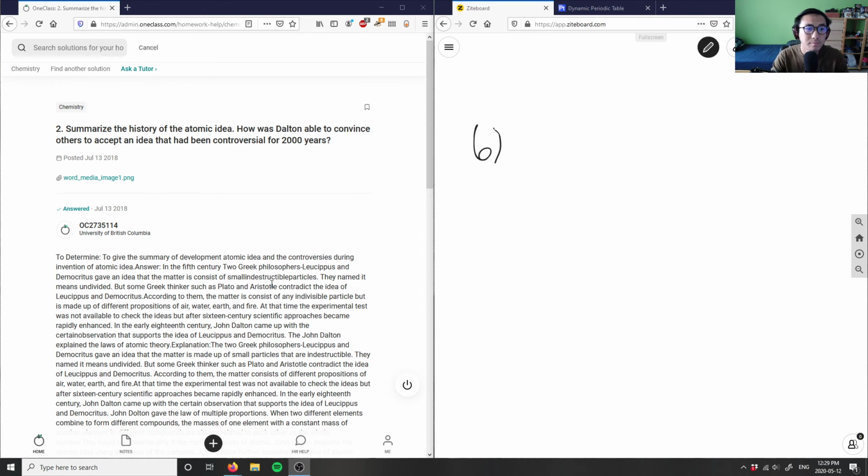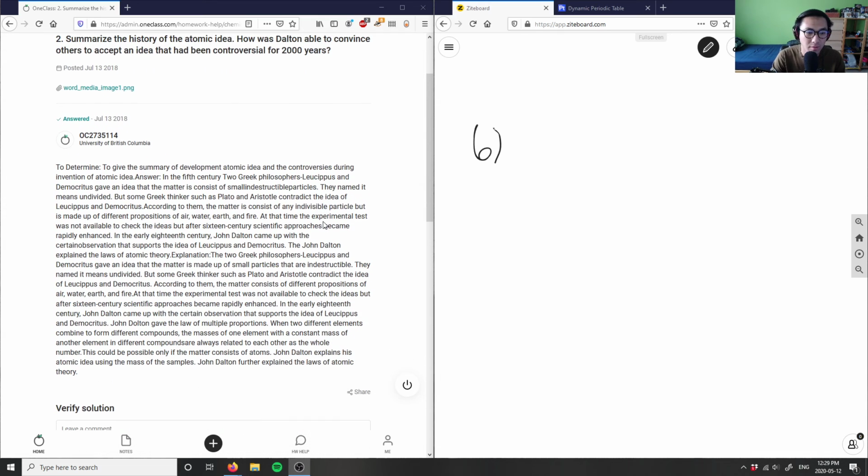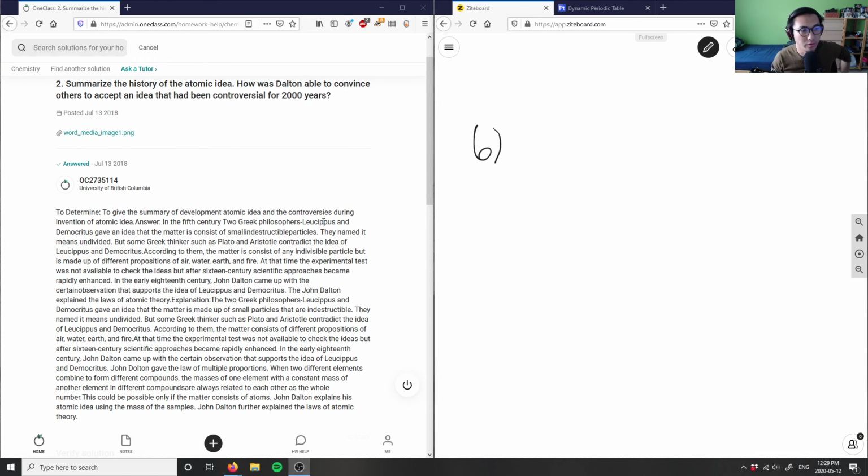So again, when we go back to the super early days with the Greeks and whatnot, they thought that the atom was the smallest unit, right? But they didn't know what we know now, right?